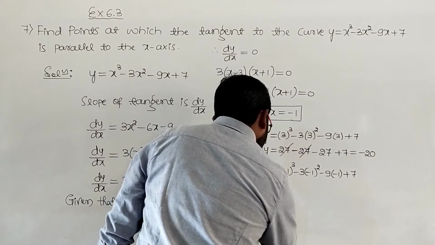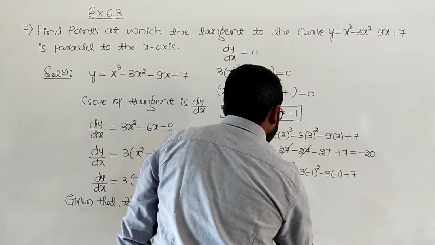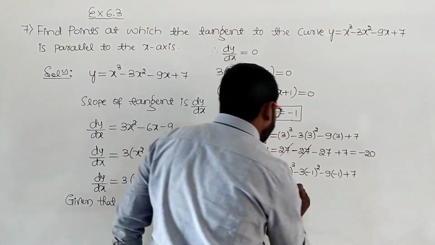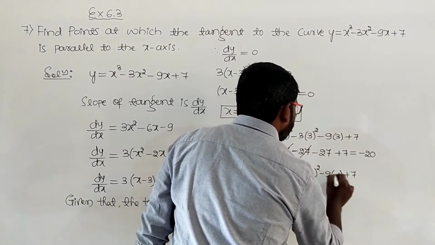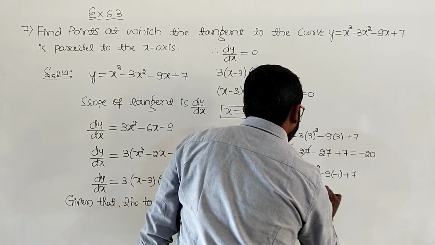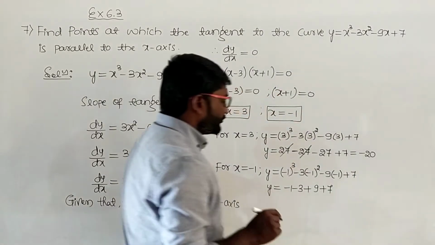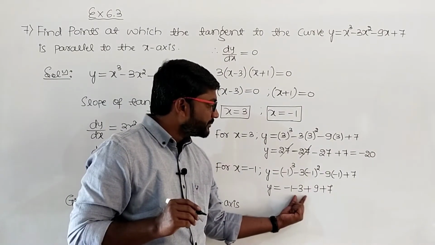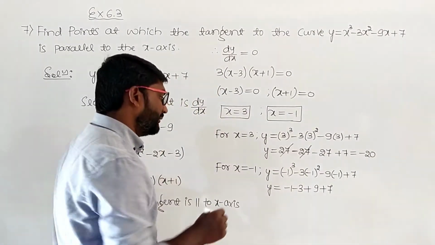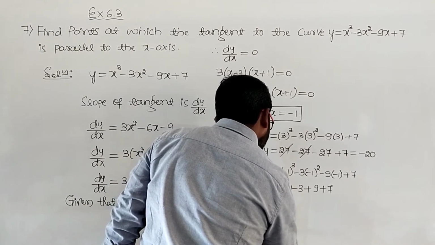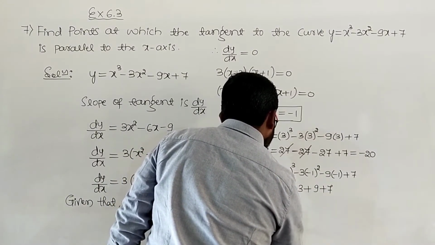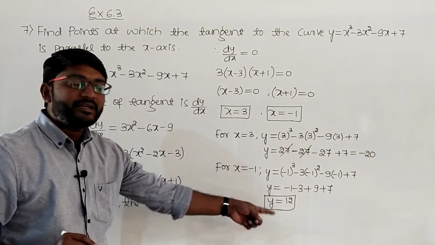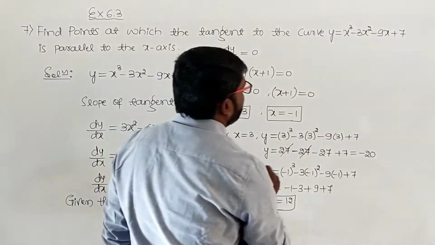So now y equals minus 1 cube, it is minus 1, then minus 1 square is plus 1, 1 into minus 3 is minus 3, and then plus 9 plus 7. So overall this becomes 16 and this becomes minus 4. 16 minus 4 is 12. y equals 12. So what is the second point now? It is minus 1 comma 12.